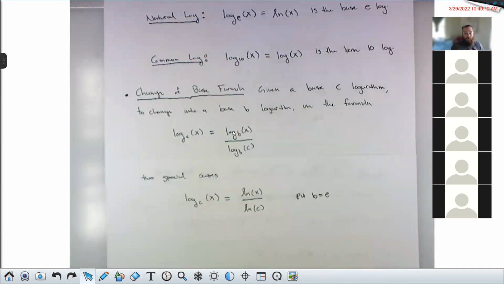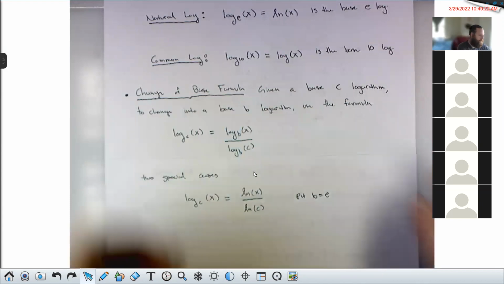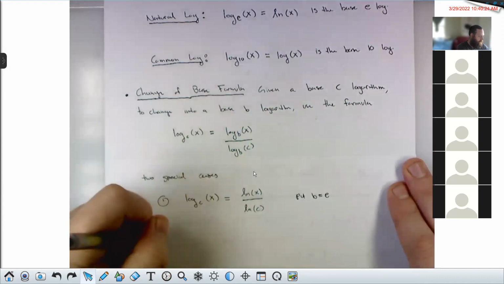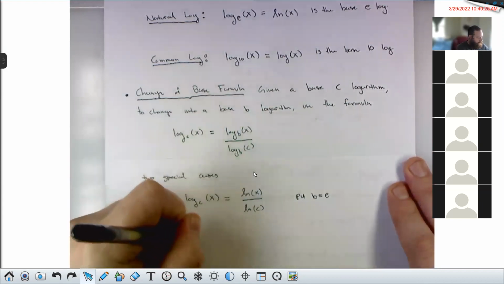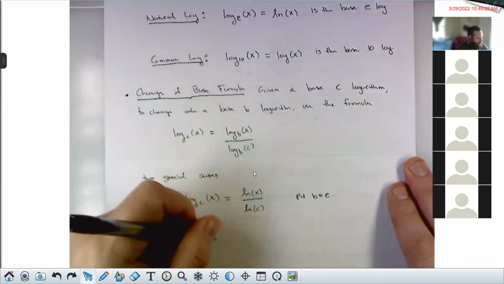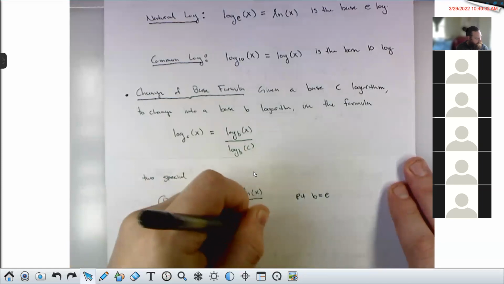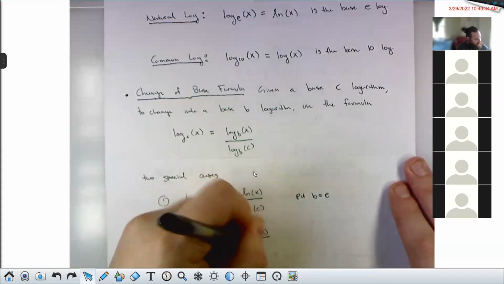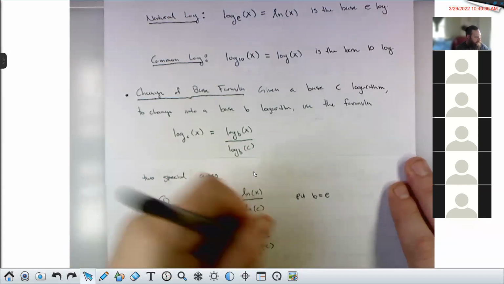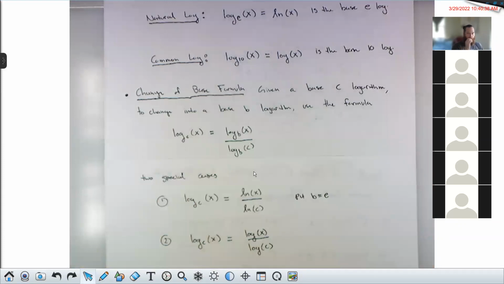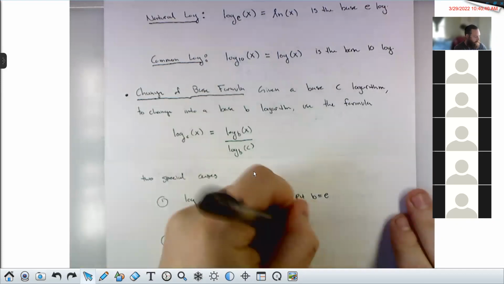So you're free to choose B, and I'm choosing to put in the number e for B here, which makes this a natural log, makes this a natural log. The other one, again, somebody gives you a weird base logarithm and you want to change it into, say, the common log. That's done by putting B equal to 10.